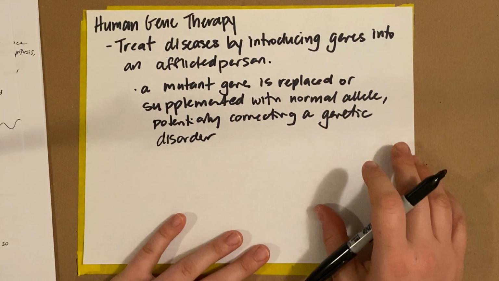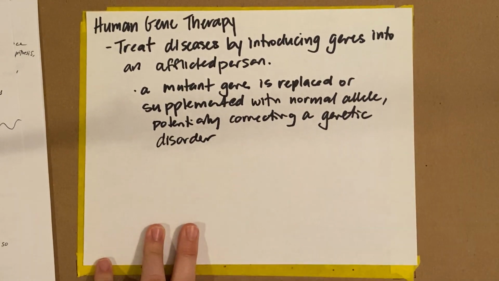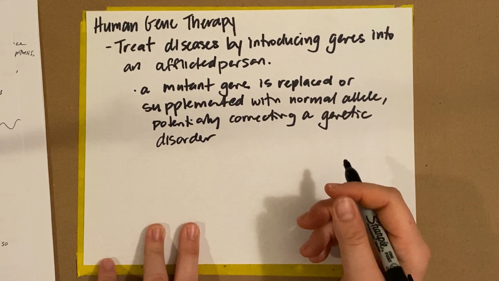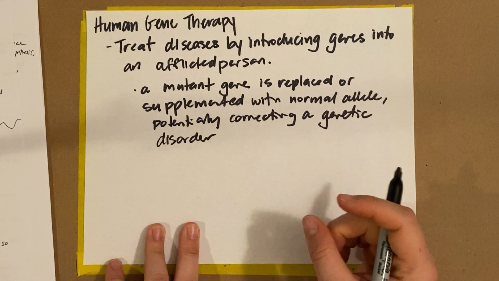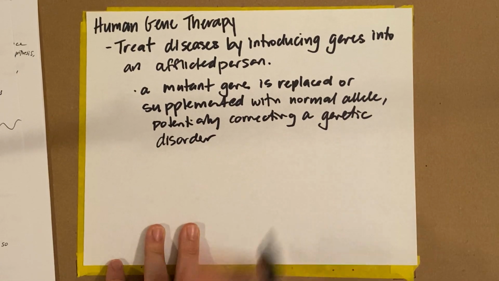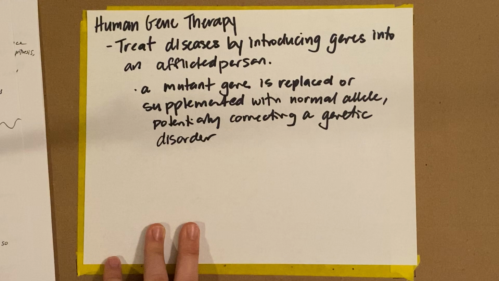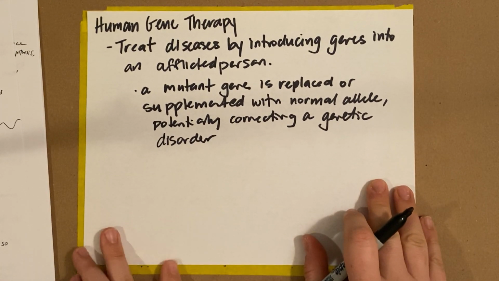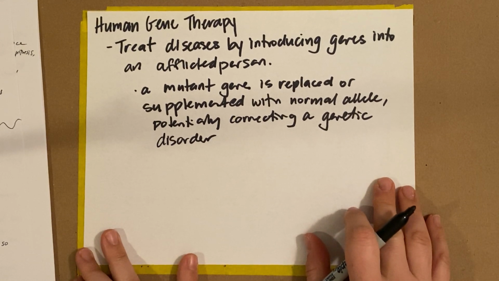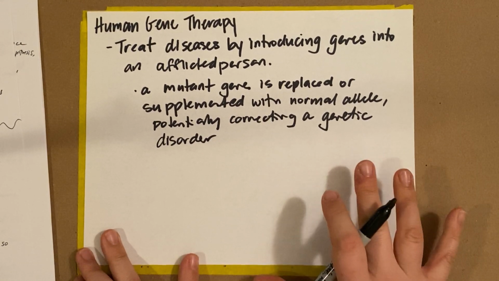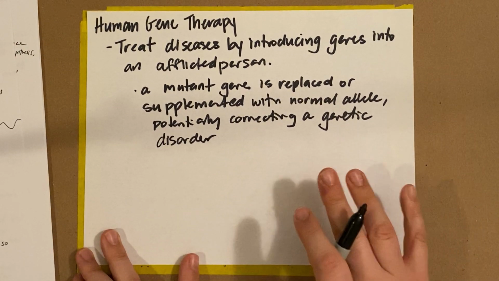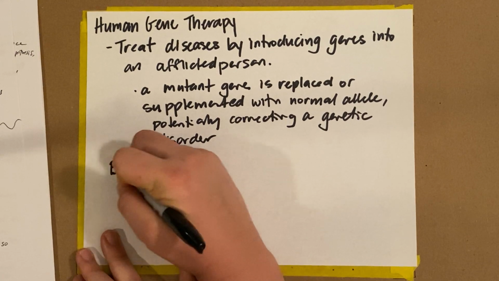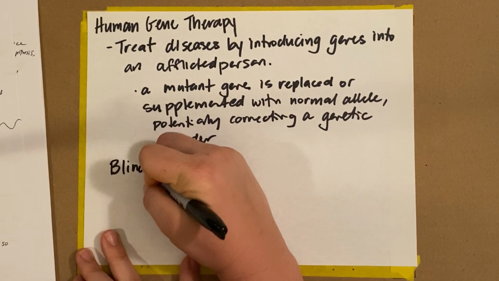There is a lot of promise behind this idea of gene therapy, but unfortunately it hasn't been as successful. The actual success stories are few and far between at this point, because it's a really difficult thing. And anytime you start to introduce genes into the body, you can potentially start causing damage. But I did want to talk about one success story that has been found.